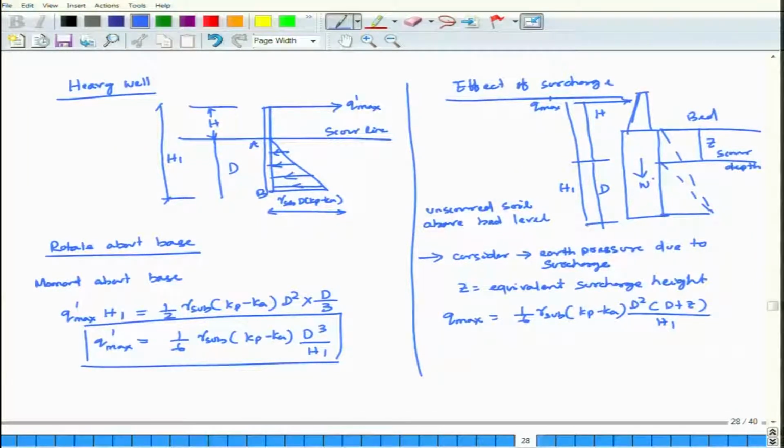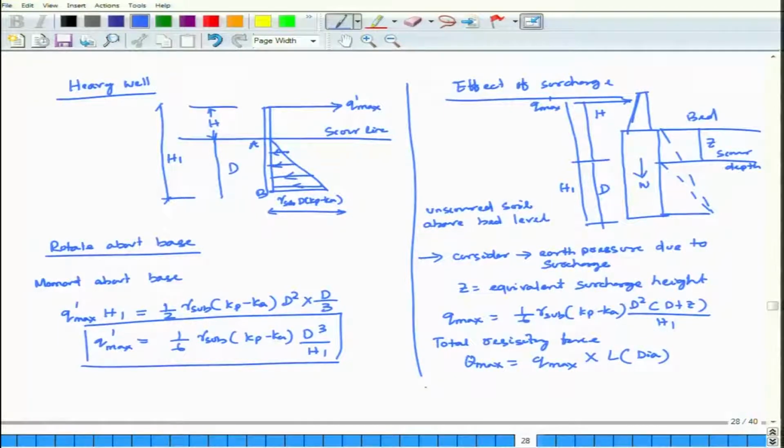It is self weight. For a well with length L or diameter L, the total resisting force Q maximum is equal to q maximum into L. L is your diameter of the well.